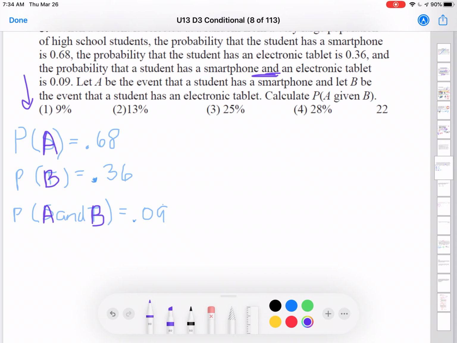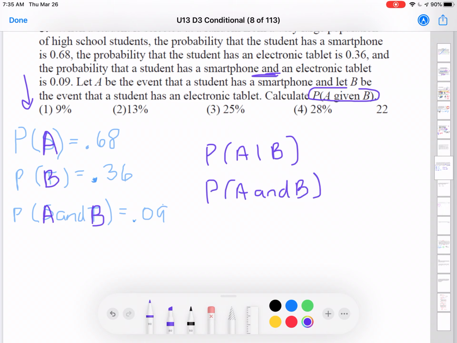They want you to calculate the probability of A given B, so change those over. Probability of A and B. What do we divide by? The probability of B. And here we won't have top and bottom because somebody turned the fractions into decimals. And then we'll see that the answers are percentages.